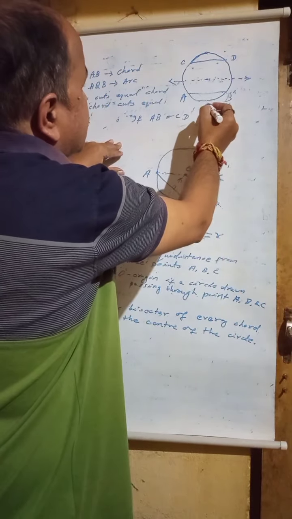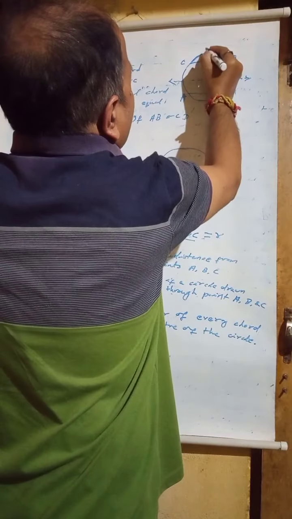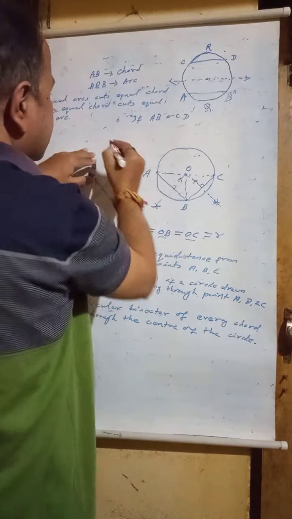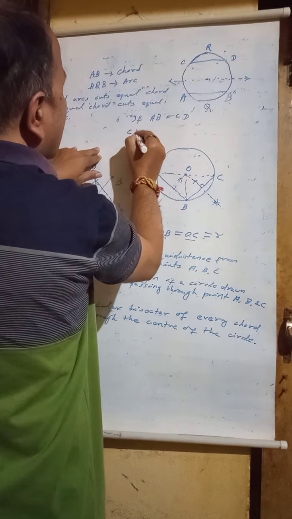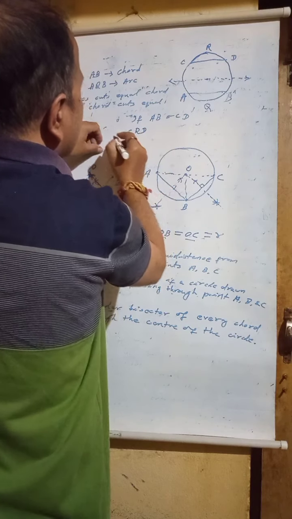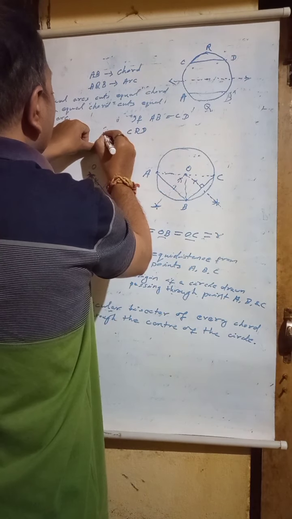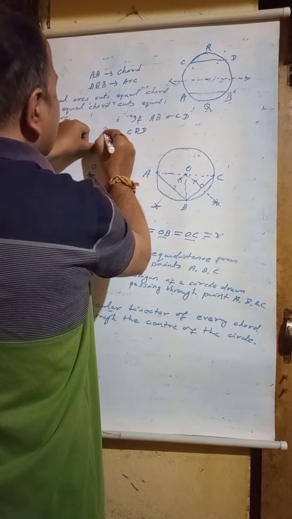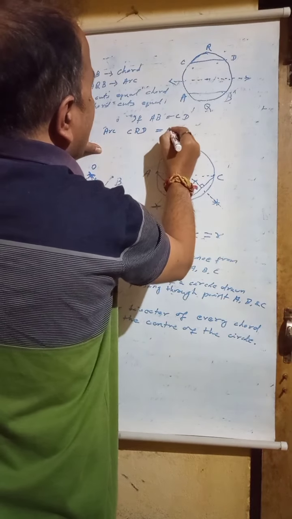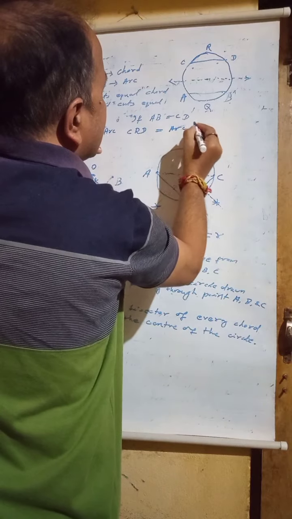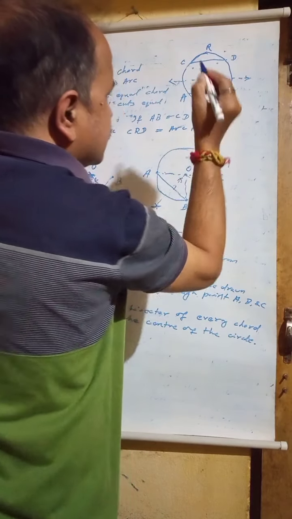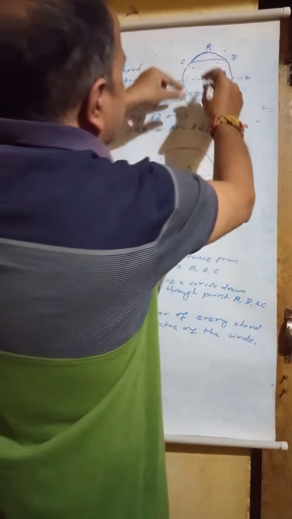It will coincide with O, R, C, R, D. Arc CRD is equal to arc AQB. If we fold, then it will coincide.